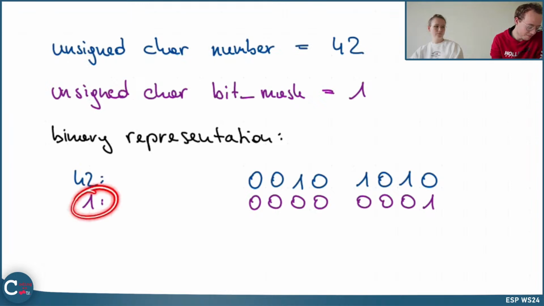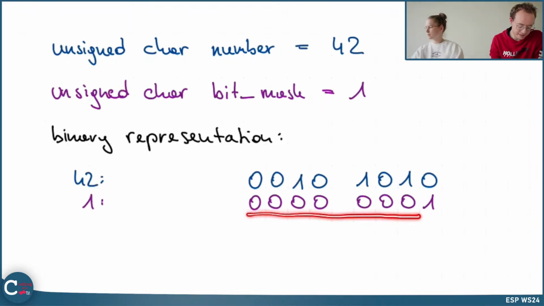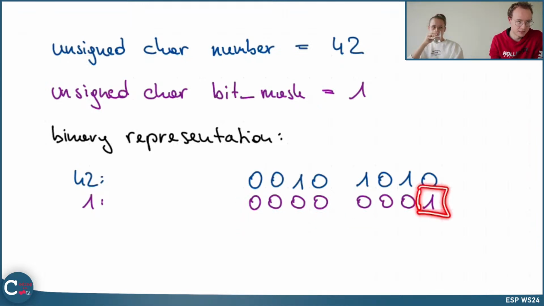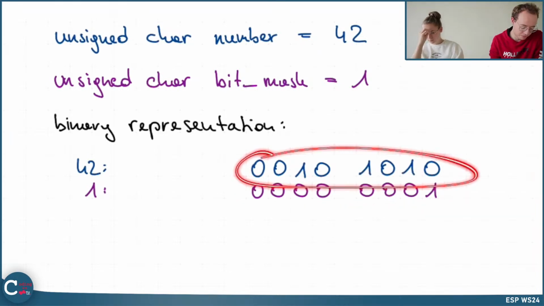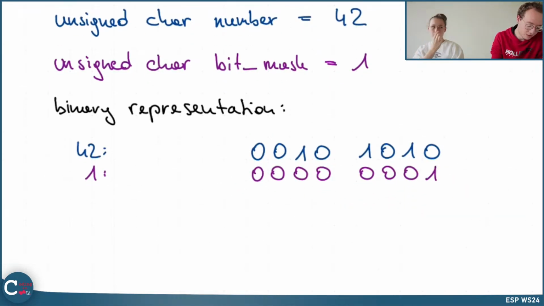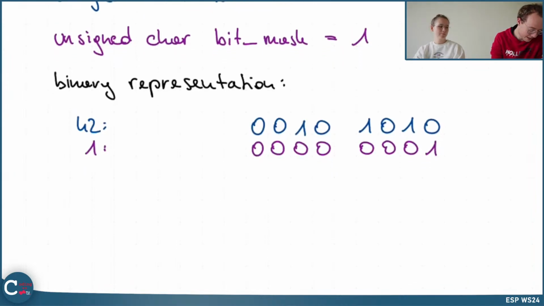If we think about the binary representation of 1, then of course all the bits are set to 0, except for the very last bit. So this is the number 1, and this is the number 42. And now I want to do the following. I would just write my number 42 again, maybe this way.